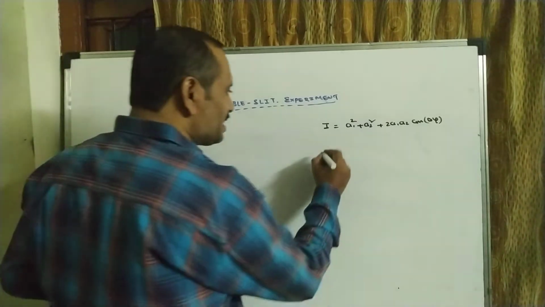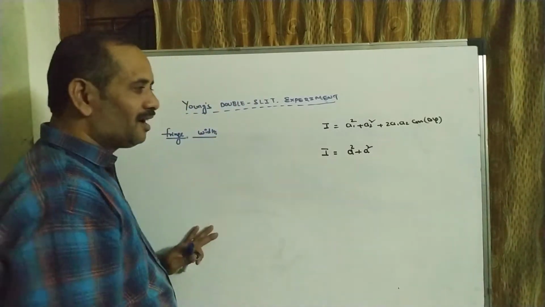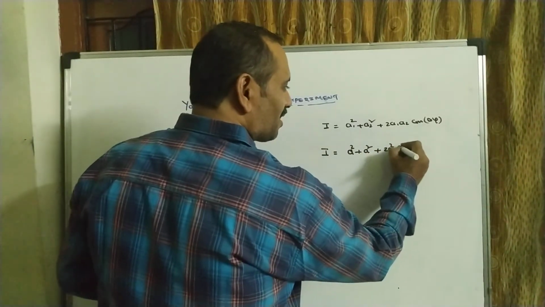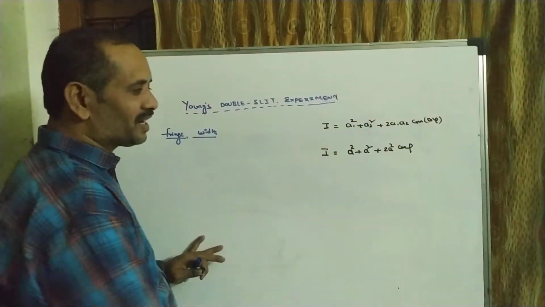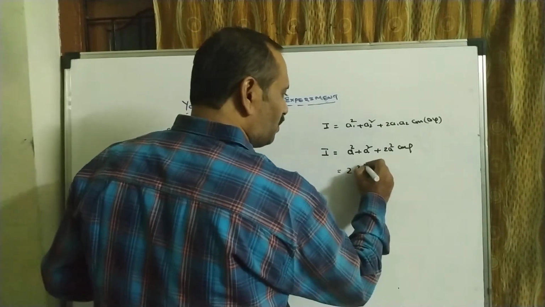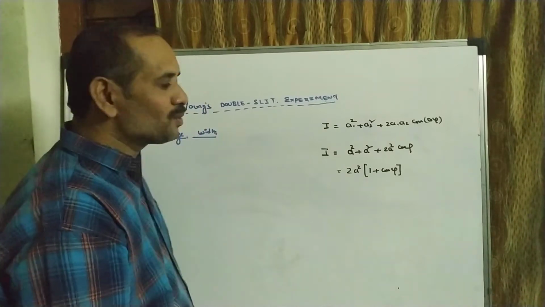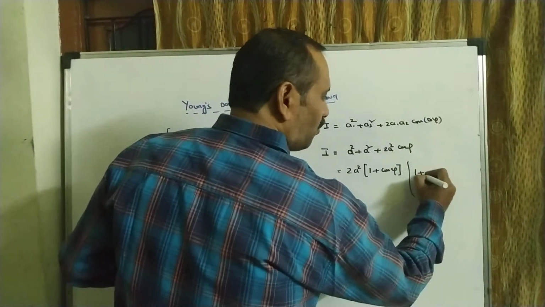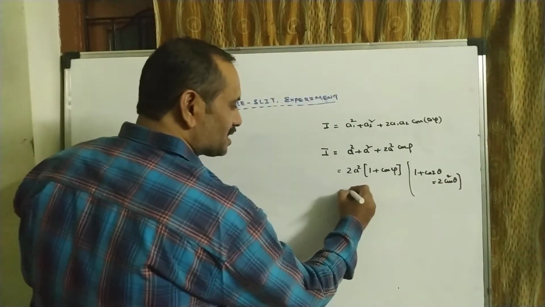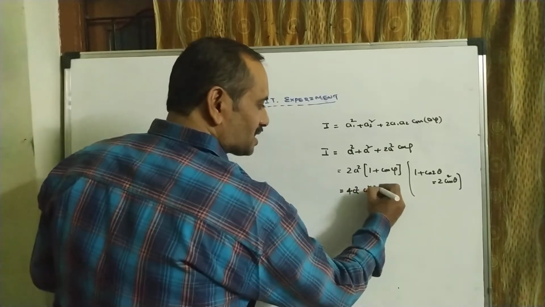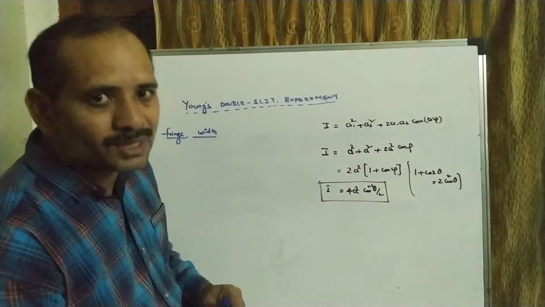Now I equals A squared plus A squared plus 2A squared cos phi, where phi is the phase difference. That is 2A squared into (1 plus cos phi). I think you know about this: 1 plus cos theta is 2 cos squared theta by 2; 1 plus cos 2 theta equals 2 cos squared theta. Now that is 4A squared cos squared (phi by 2), the intensity of the two coherent sources.